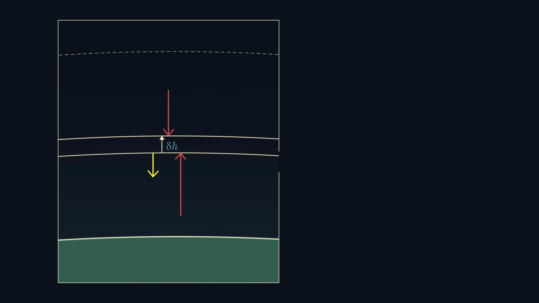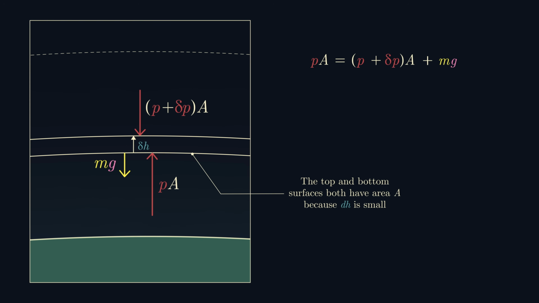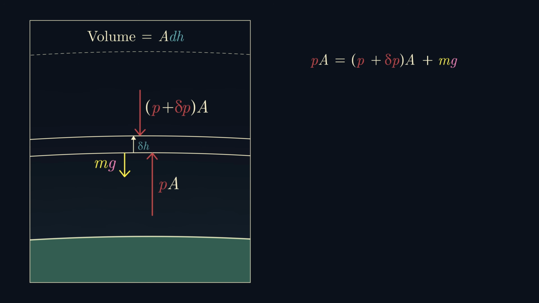If the slice has area A, the upwards force from the air pressure below is PA, and the downwards forces are the weight of the slice, as well as the downwards force from the air pressure above, P plus delta P times A. The volume of the slice is A delta H, so letting the density be ρ, we can rewrite the weight. Simplifying down gives delta P equals minus ρ g delta H.